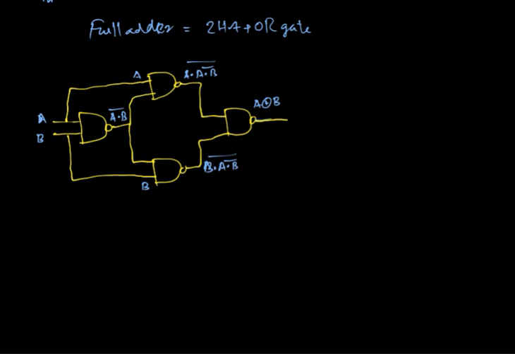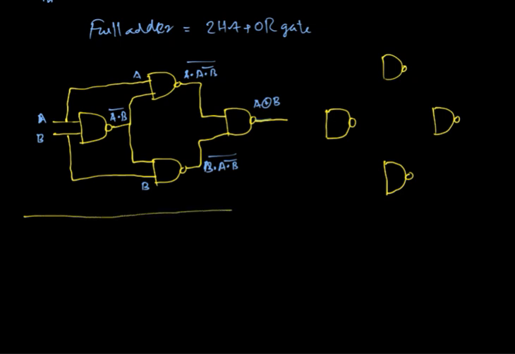Now again use another NAND gate, the same pattern, that is the same half adder. Here we are giving the C in here. One of the inputs is given to here.